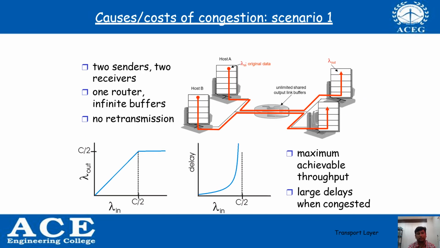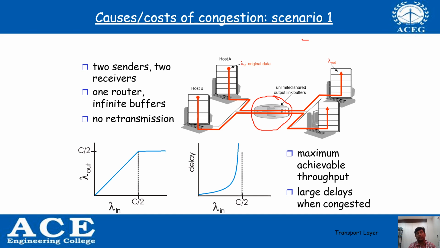Right. Now let us look at the causes as well as the cost of congestion. In scenario one, we are considering the capacity of the router or the network to be infinite. Here we have two senders and two receivers, but the router connecting them has infinite buffer capacity.